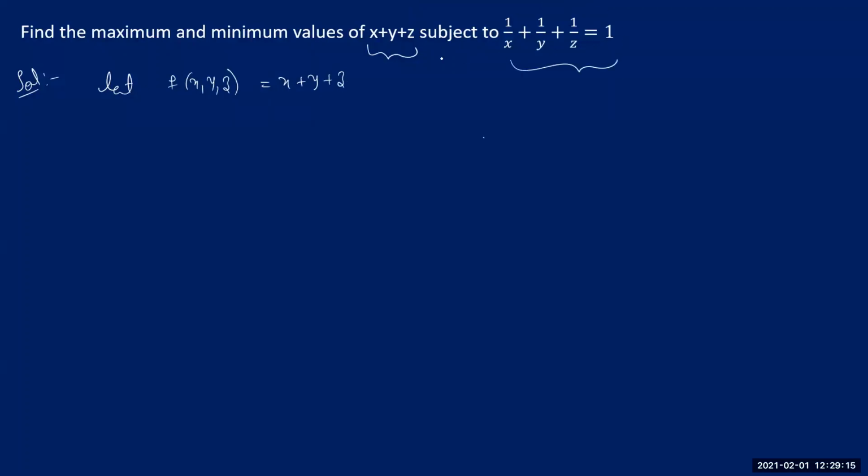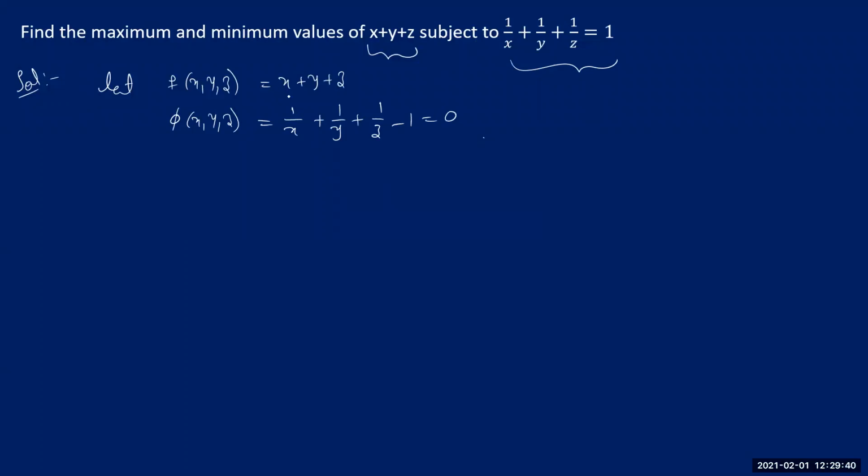This is an expression, and this is an equation. The expression is the function to be extremized, and the equation is the constraint you need to use. So I'm taking that constraint as phi. Phi of x, y, z is 1 by x plus 1 by y plus 1 by z minus 1 equals 0.